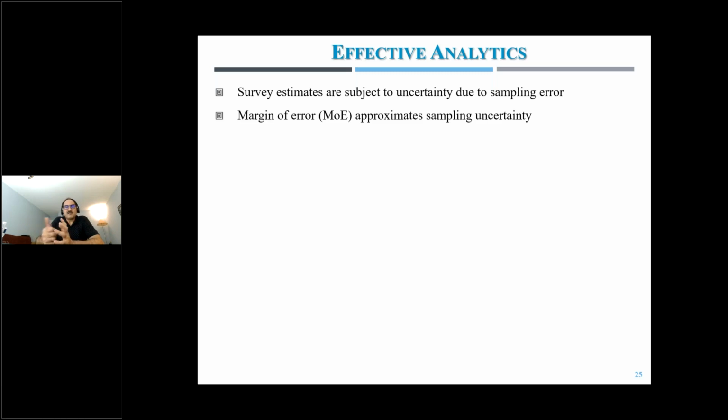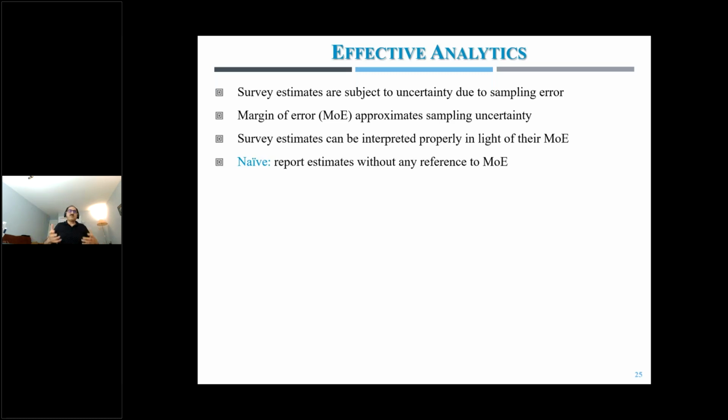And then in terms of effective analysis, obviously survey estimates are subject to sampling error. We typically rely on margin of error as a measure of uncertainty due to sampling, and survey estimates need to be interpreted only in light of their error margins.